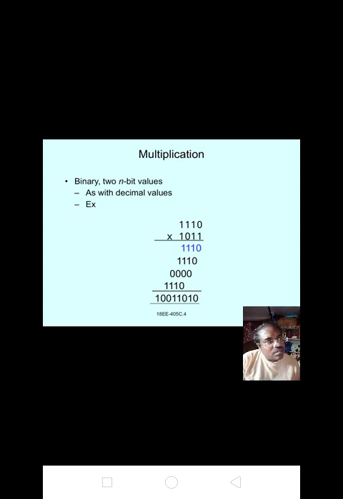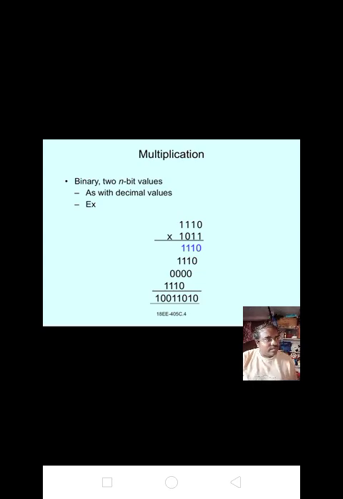See, 10 means decimal value 2. 11 means 3. So 2 into 3 is 6.